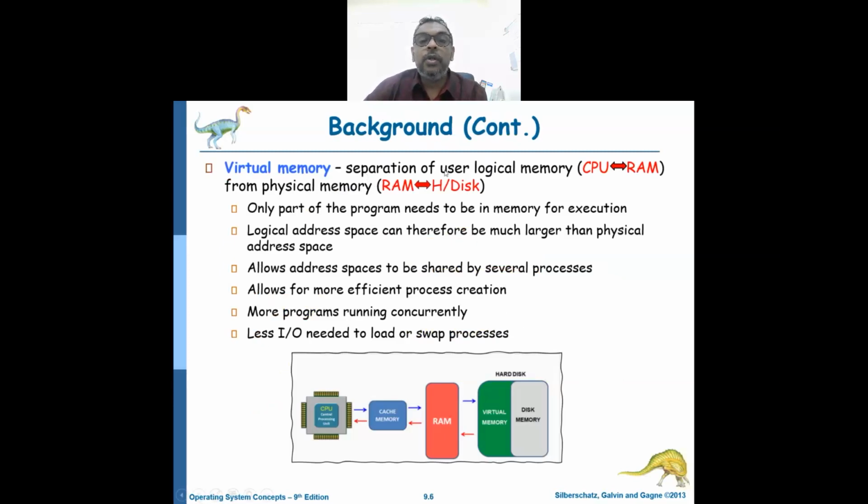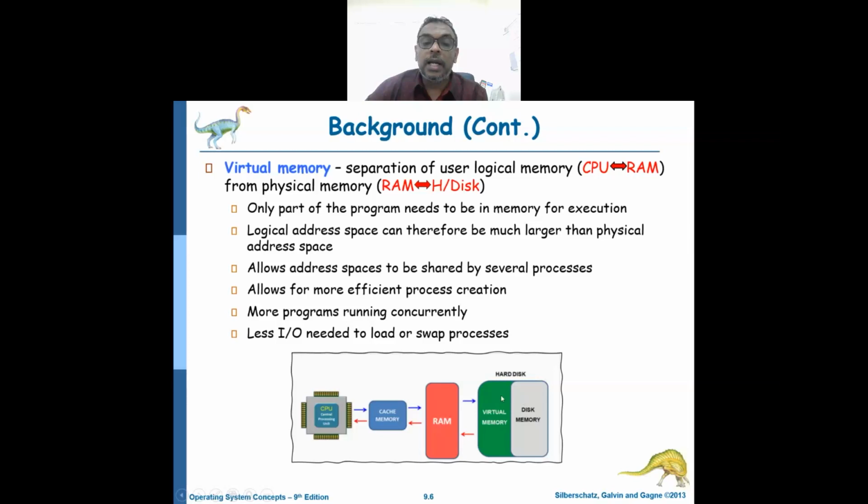So virtual memory is the separation of logical memory from physical memory. Okay, so this is basically it. You have your RAM here, you have your CPU here, and you have your cache memory in between. All right. So cache memory is not part of the RAM, it's actually inside the CPU. Here is where you implement your virtual memory.